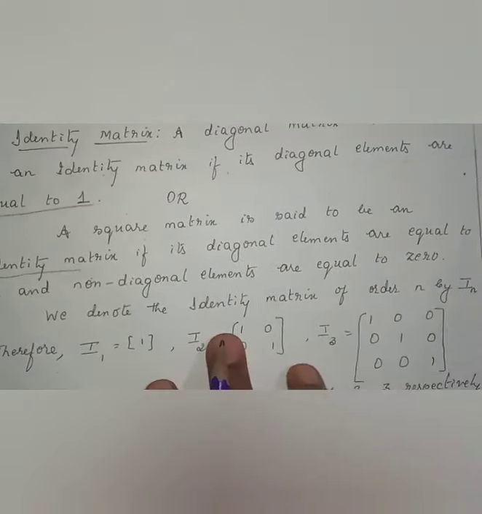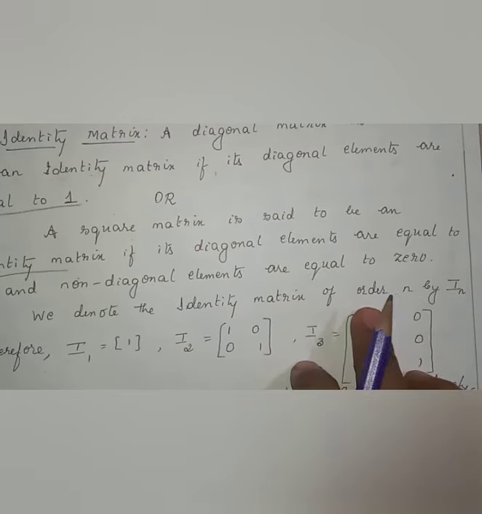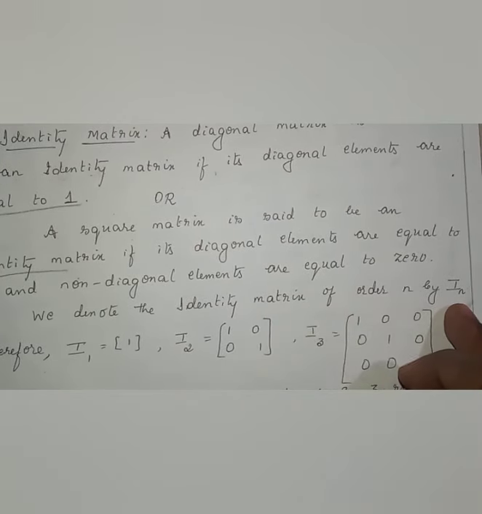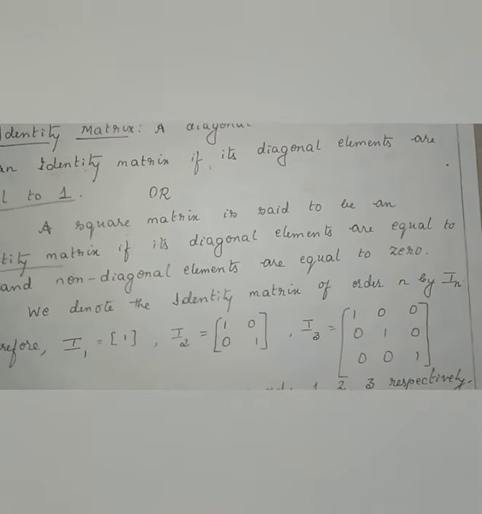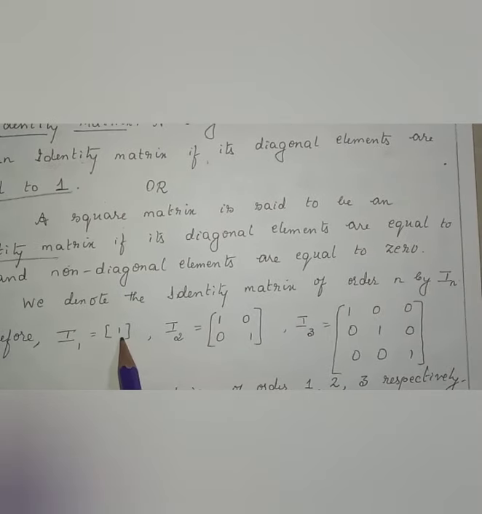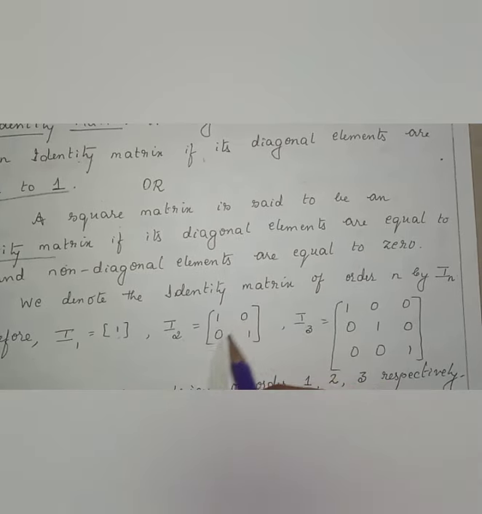If you start with this sentence, you have to go through the non-diagonal as well as diagonal elements. So usually we denote the identity matrix of order n by In. This is a square matrix. So I1 indicates an identity matrix of order 1 by 1. If n is equal to 2, it indicates the identity matrix of order 2 by 2. So these are the examples. I1 has only one entry, I2 is 1 0 0 1. So the 2 by 2 identity matrix is 1 0 0 1.